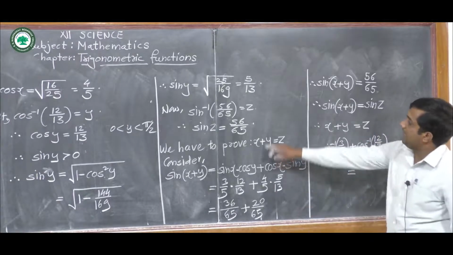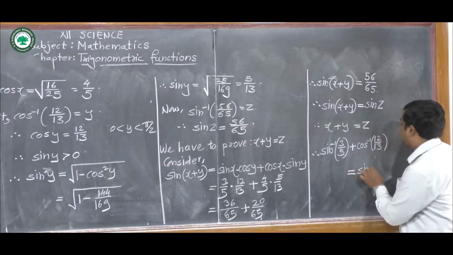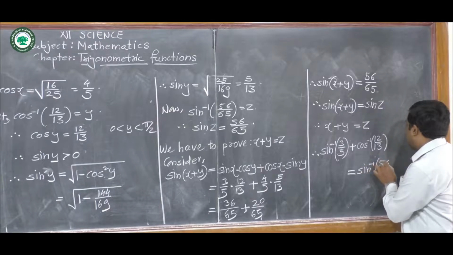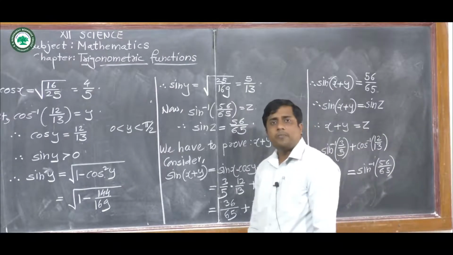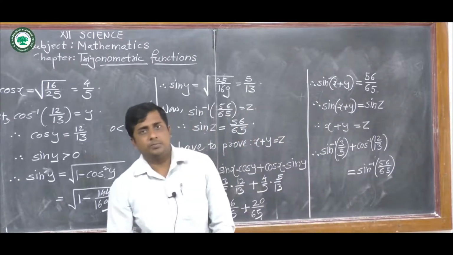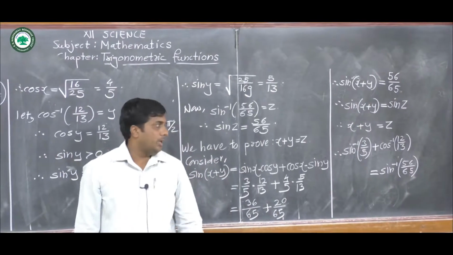We know z is sine inverse of 56 upon 65. So by using our definition of inverse trigonometric functions and by using the property, we prove this relation.